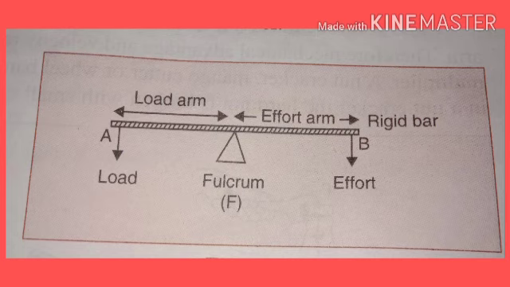You can see one figure on the screen that shows a simple lever. AB is a rigid bar that can rotate about fulcrum F. Distance from load to fulcrum AF is called load arm, and distance from effort to fulcrum BF is called effort arm.